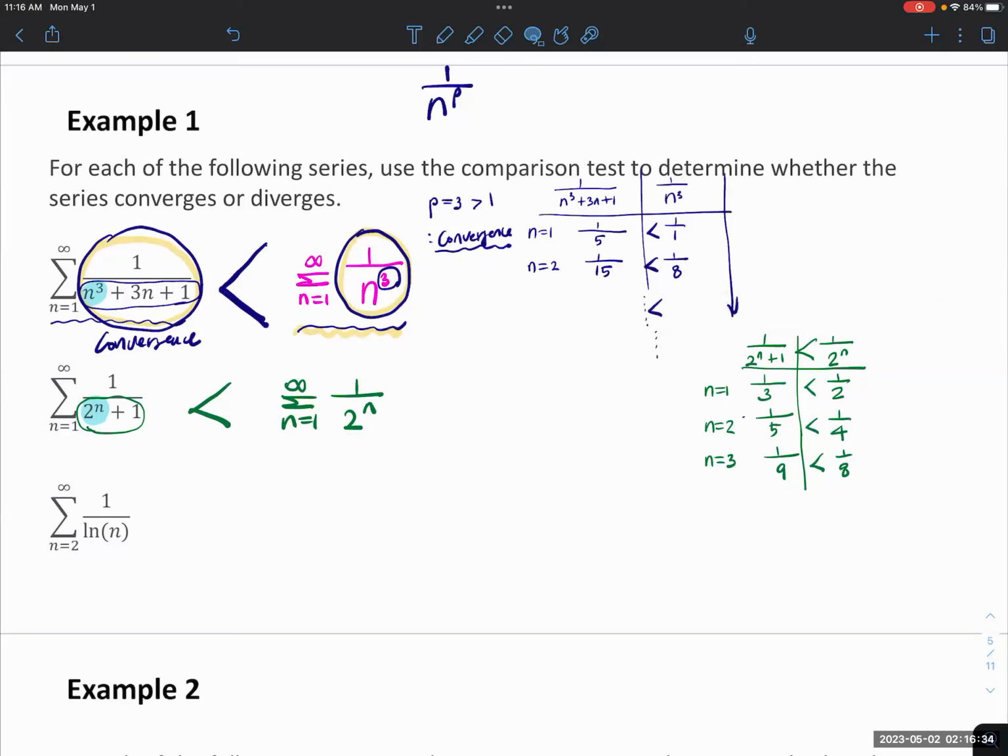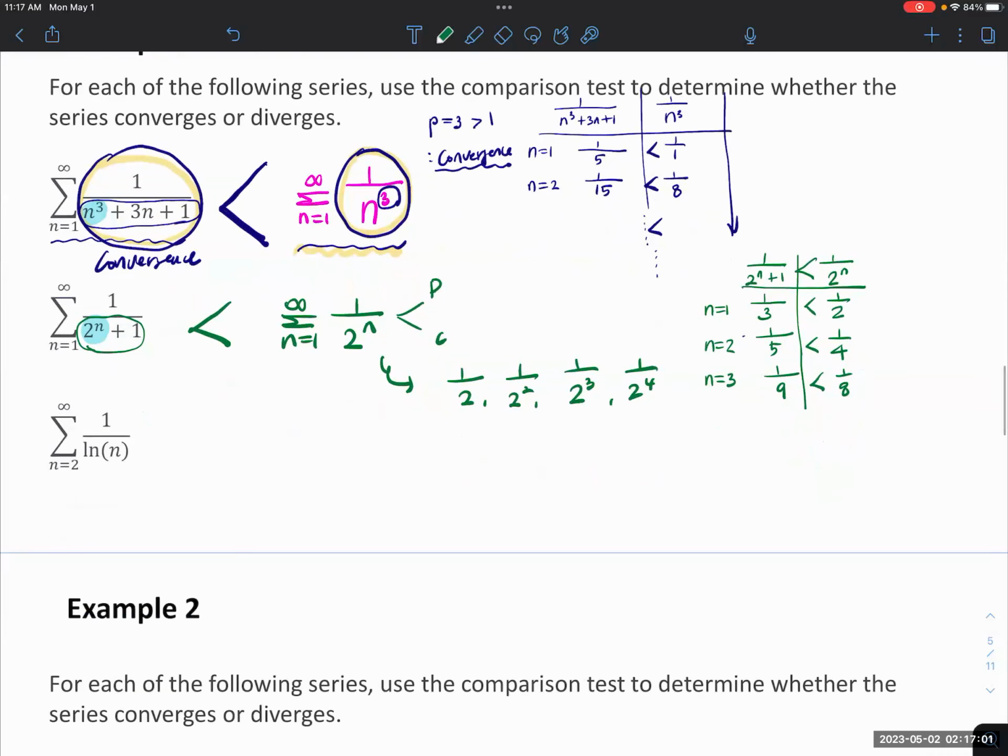Are you guys following? So now you are going to check whether this is a divergence or convergence. This time, the P series is not going to work because we have a 2 to the n. If you look at this, it is 1/2, 1/2 to the second, 1/2 to the third, 1/2 to the fourth. Definitely this is a geometric series, right? They keep multiplying by 1/2 for the next term.